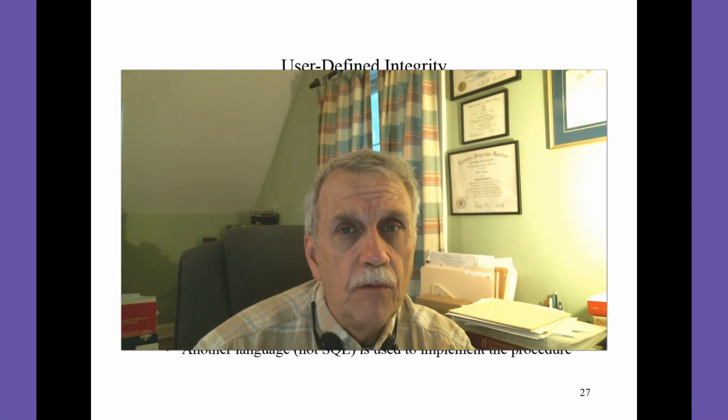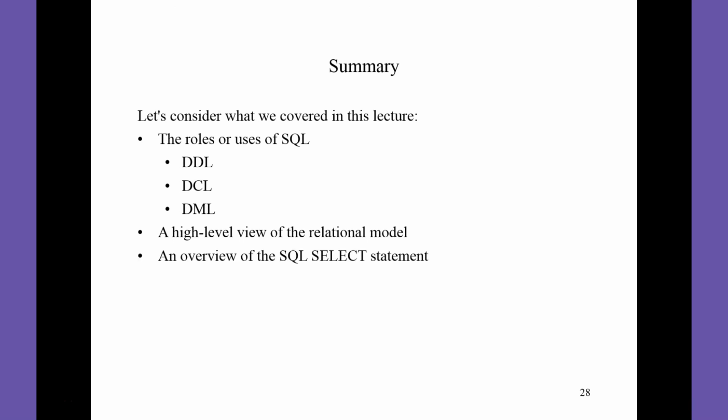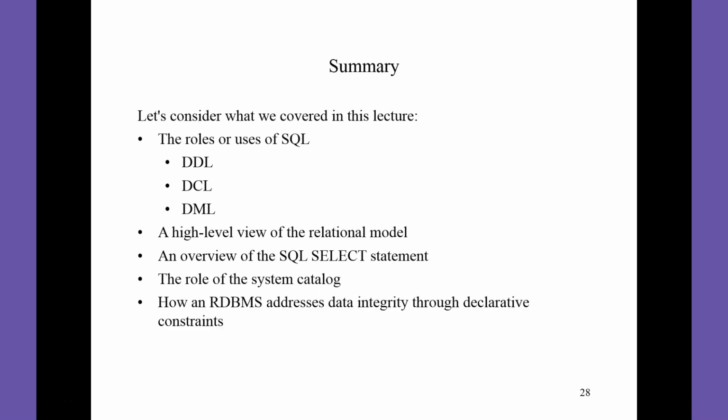Let's recap what we've covered in this section. We talked about the roles of SQL: data definition, data control, data manipulation. We provided a high-level view of the relational model, the theory which underlies commercial relational systems. We provided an overview of the SQL select statement. We discussed the role of the system catalog as a metadata repository.